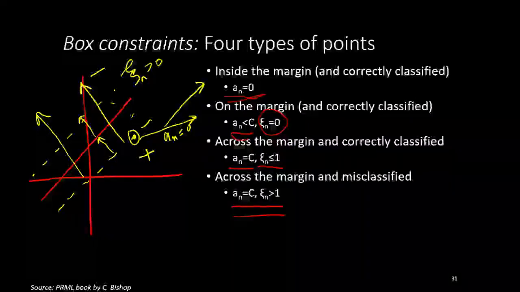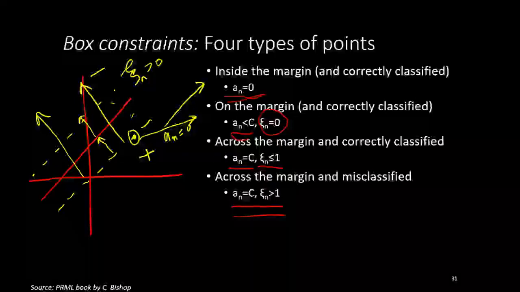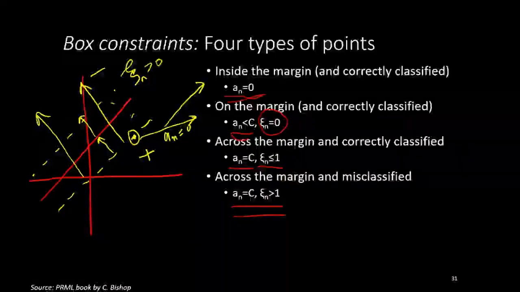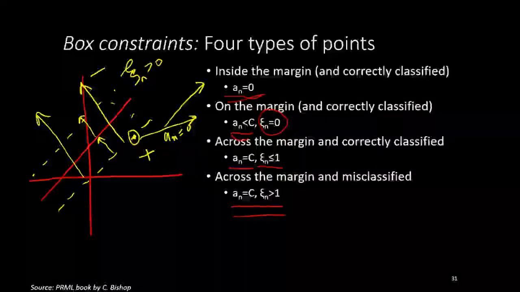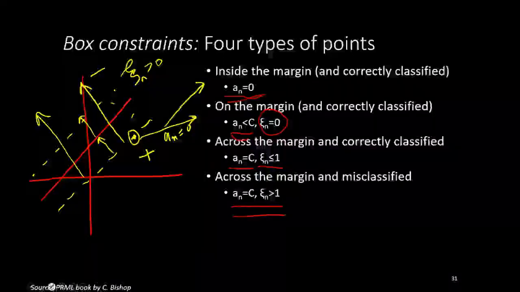And this C can be the hyperparameter that we tune. Okay, and you will see that there are other ways of formulating the trade-off hyperparameter. That will tell you about the trade-off between the number of support vectors and the smoothness of the boundaries in the X space. So here I have just drawn a linear boundary because I have not used the kernel, but ultimately what you will have is a kernel also.